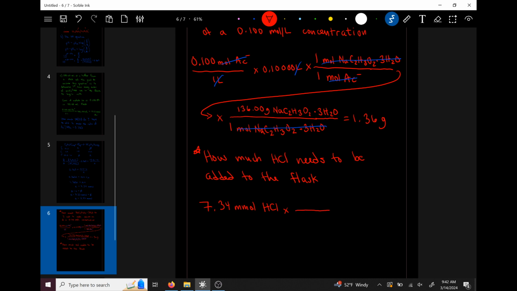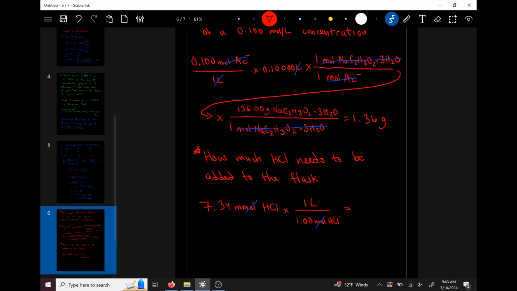Times 1 liter over 1.00 moles of HCl. This is just the concentration of HCl turned upside down, right? So that my dimensional analysis works out here. And I'm leaving the units of HCl in millimoles because when I perform my dimensional analysis, moles is going to cancel out with moles, and what I'm left with is milliliters. So I don't have to worry about converting from liters to milliliters. It's already in milliliters. I'd be done.